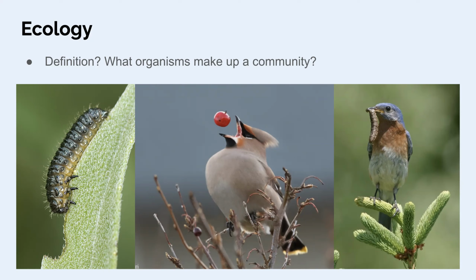This term on here, community, is an ecology concept, and community is the group of species that are interacting together. My general definition for ecology is that it's all about interactions. Plant species interacting with other plant species often gets called plant ecology.